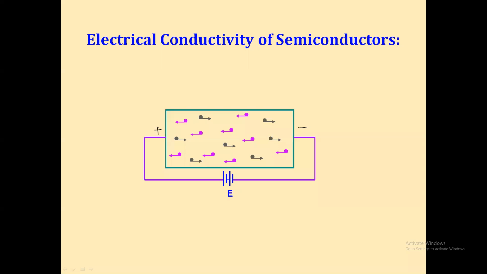In this diagram, the pink color represents the free electrons, and their direction is from negative to positive end, so the conventional direction of current is always from the positive terminal towards the negative terminal. So this is the direction of current. We can also say that the conventional direction of current is in the direction of movement of holes.